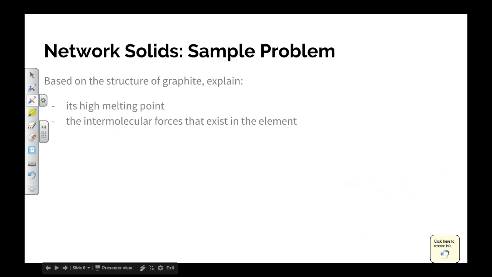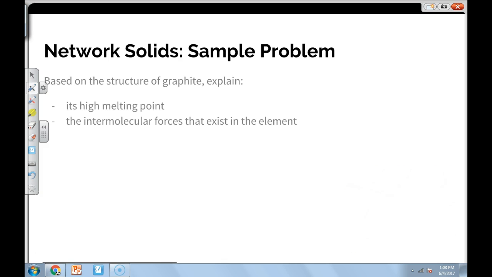So here's a sample problem. And this sort of sample problem is more of a theory sample problem. It says, based on the structure of graphite, explain why it has a high melting point. Okay, well, it has a high melting point because, and this is circular reasoning, it's a network solid.